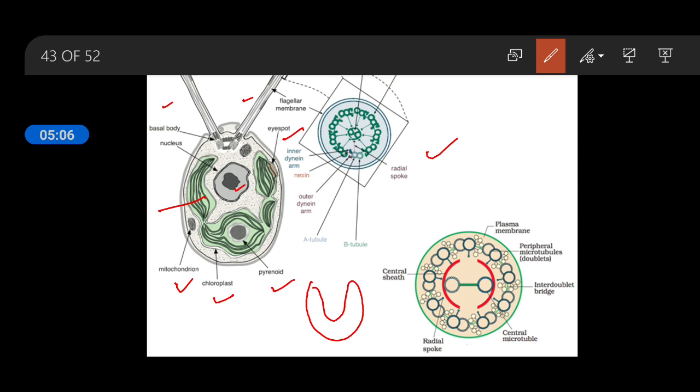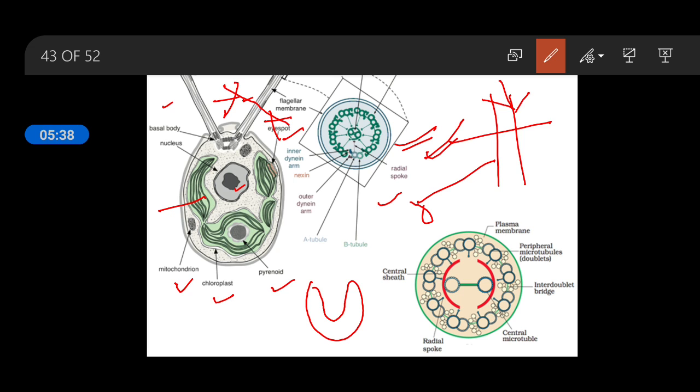Inside this axoneme there is an arrangement of microtubules, shown as a section cutting of the flagellum. Section cutting means a transverse section: you cut the flagellum like this and you are seeing a top view. In the center you can see two microtubules.